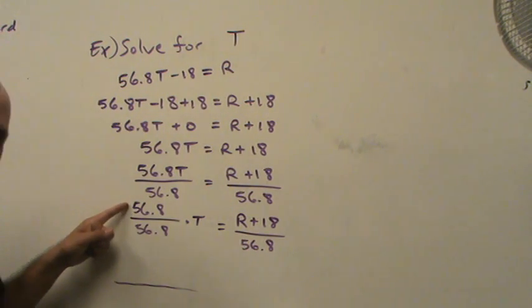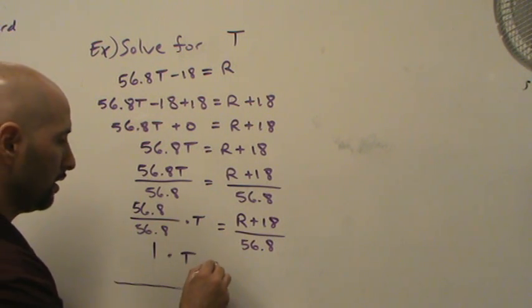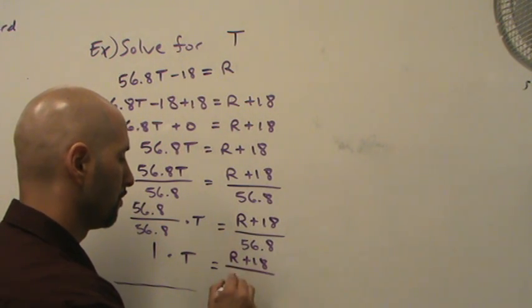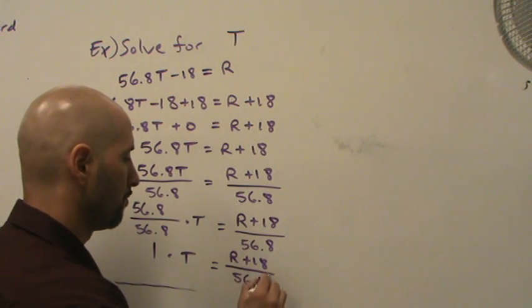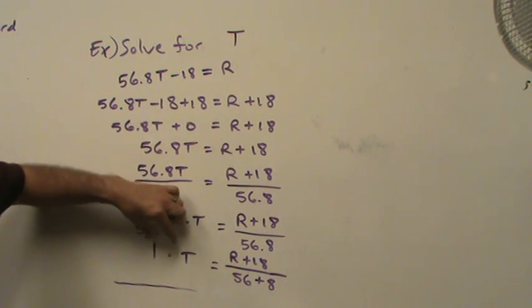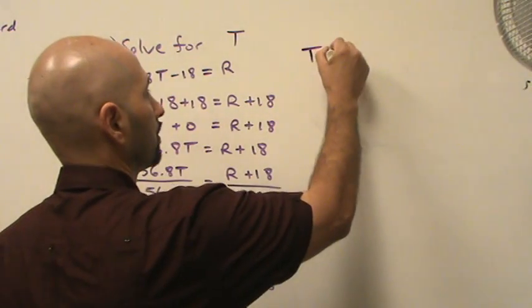So here we get this divided by this is 1 times t equaling this right side, or just t here.